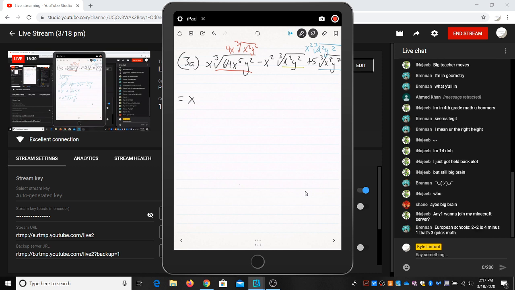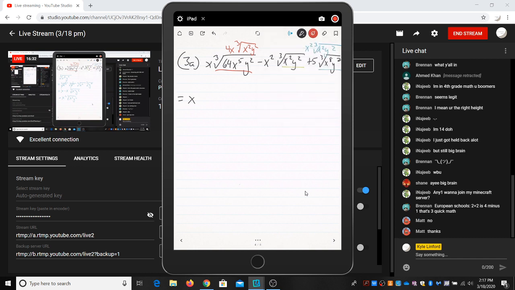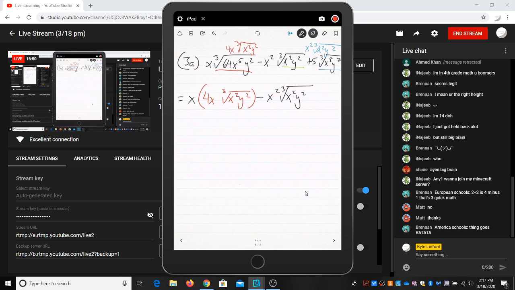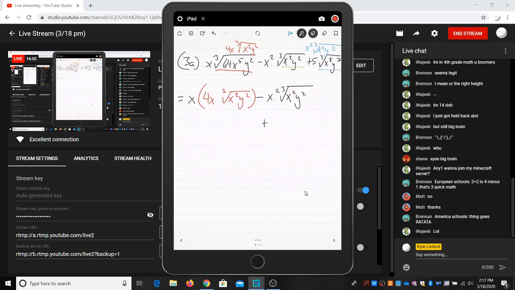So let's go ahead and start substituting these values in. We have x times, let me change up colors here so we can see what we're doing, 4x cube root of x squared y squared, minus x squared, and, well, this part didn't break down, the cube root of x squared y squared. But then the next part, plus 5 times, this radical broke down into x squared and the cube root of x squared y squared.